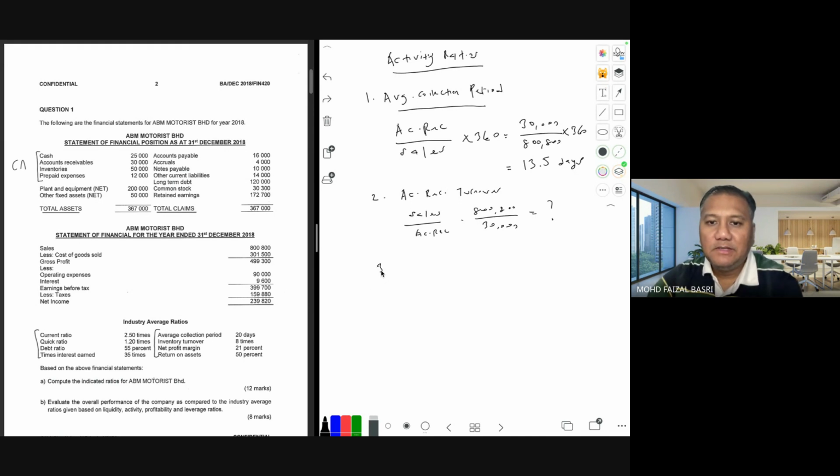The third one is inventory turnover. Okay, inventory turnover ada comparison kat sini. We have a point of reference. So inventory turnover, the formula just now is cost of goods sold divided by inventory. Cost of goods sold is here, 301,500.